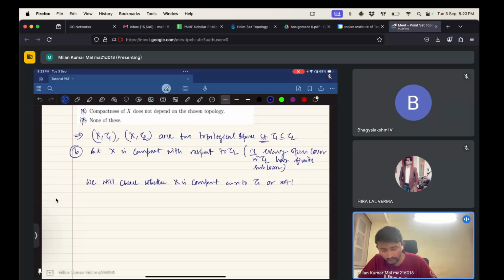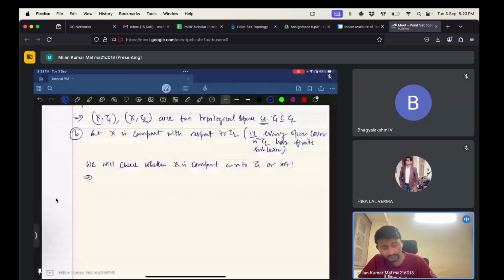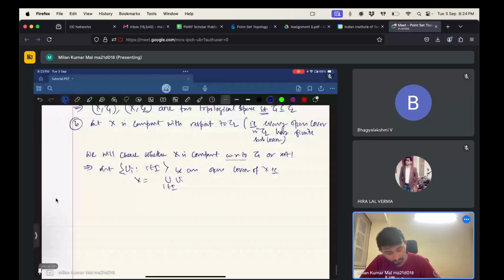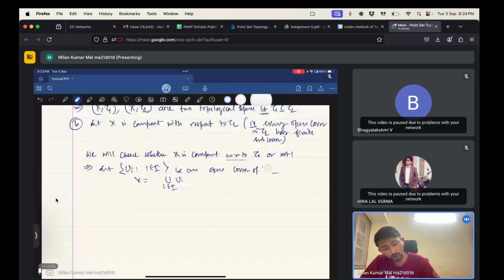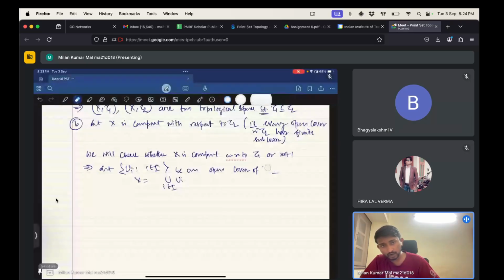Let U_i, where i comes from some indexing set I, be an open cover of X with respect to tau 1. That means X equals the union of all U_i, i in I, and all these U_i belong to tau 1 for all i in I. This is what I mean by open cover.